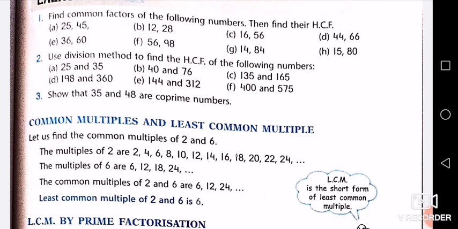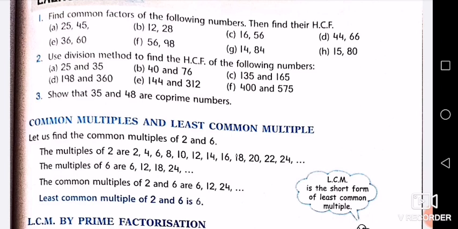Now what are the factors of 36? 1, 2, 3, 4, 6, 12, 18 and 36 itself. After that we have 60.